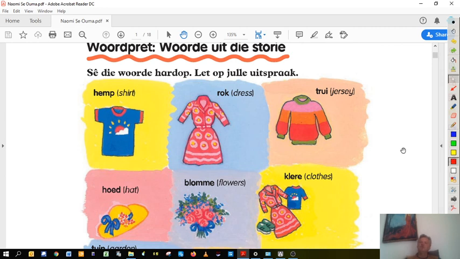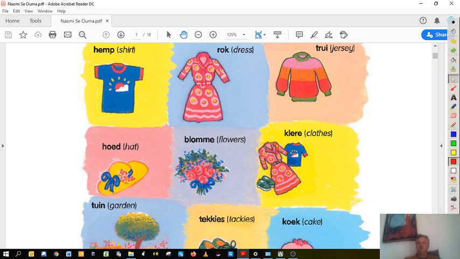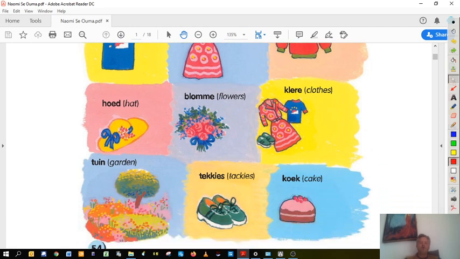Then what you can do is sit back and randomly, not in order, ask them, okay, what is Afrikaans for cake? And you can allow the child to look up that word and say it, and they need to say it out loud. If they find the word and say it, wonderful. And then you can continue to do that with all the words.